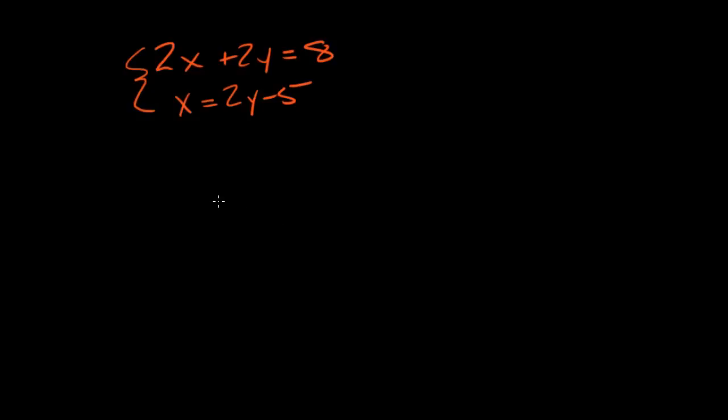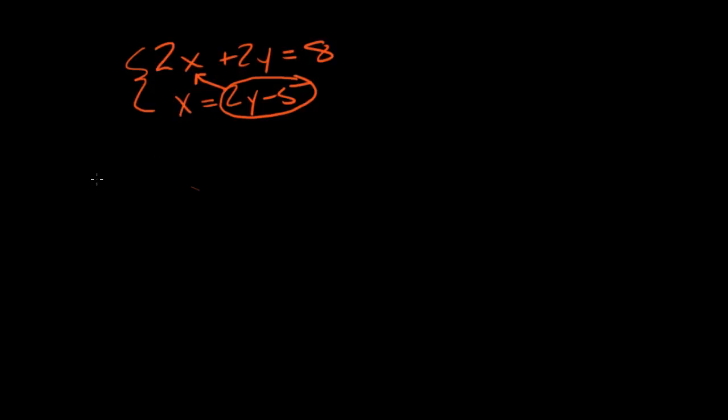So suppose we're given the equation 2x plus 2y is equal to 8, and we're given another equation, x equals 2y minus 5. And we get the symbol here that tells us that this is a system. So I'm going to take 2y minus 5, and I'm going to put it wherever I see an x, because that's what x is equal to.